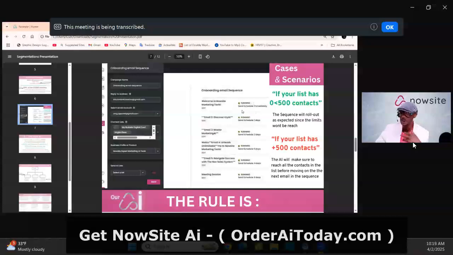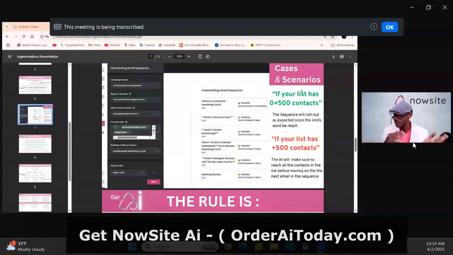Why? Simply put, the AI will go first 500 on the first day, then try to get the green light from the provider. And if you are looking at the connected email for these sequences, you will see at one point these back and forths within that inbox where we are letting you know that you have reached your account limit. Again, this is not a system error or failure.